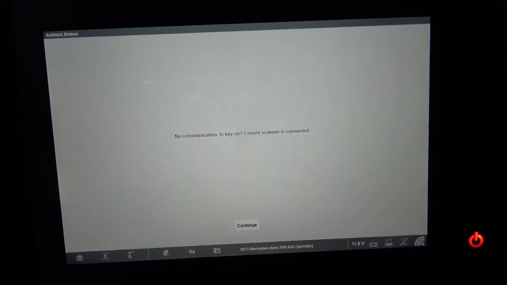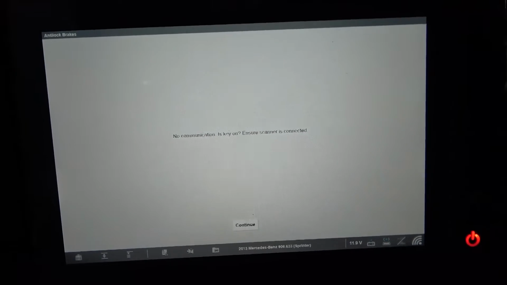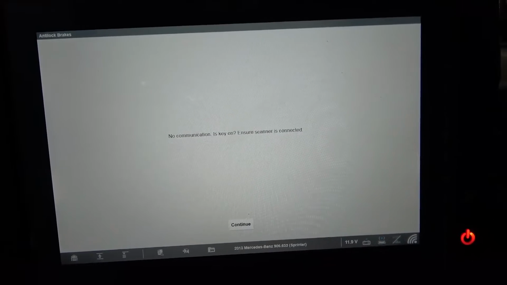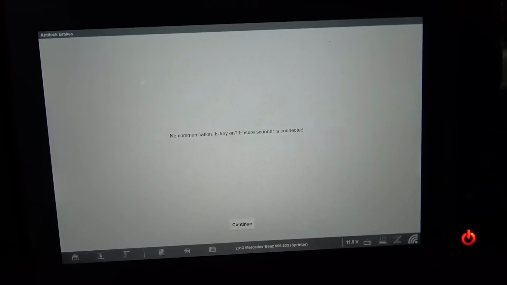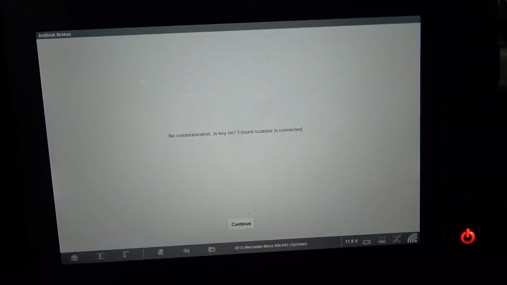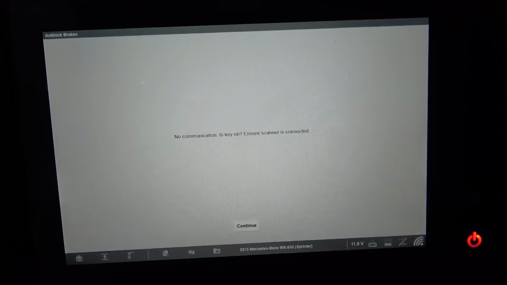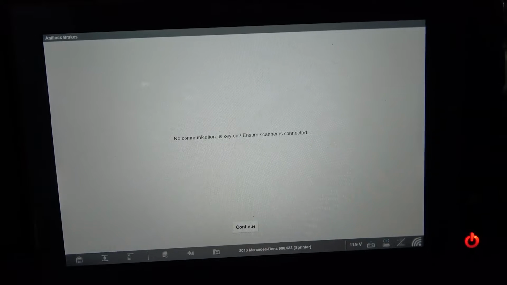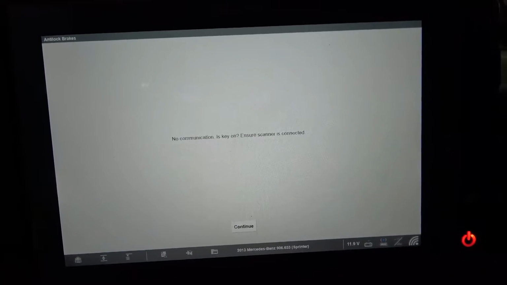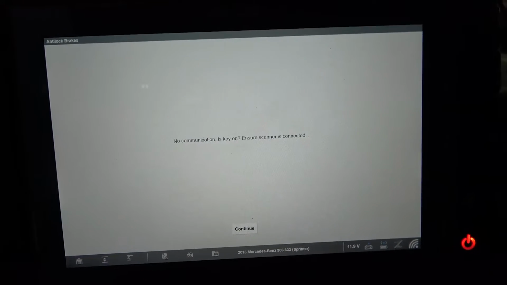Okay, so the first thing we're going to do is we're going to locate our ABS control unit. We're going to get to it and check our powers and grounds at the ABS control unit. Okay, or to keep it low tech first, we can find the fuses that supply power to the ABS control unit and check those fuses first.